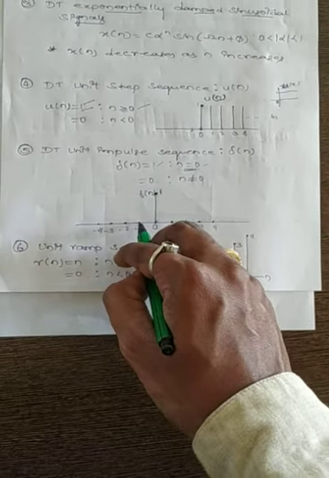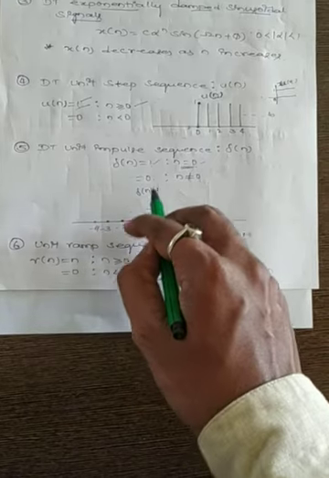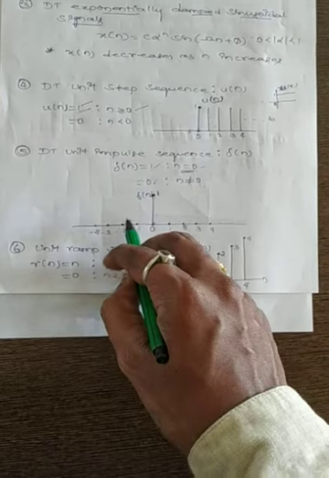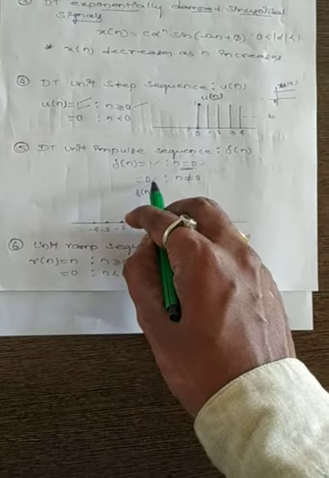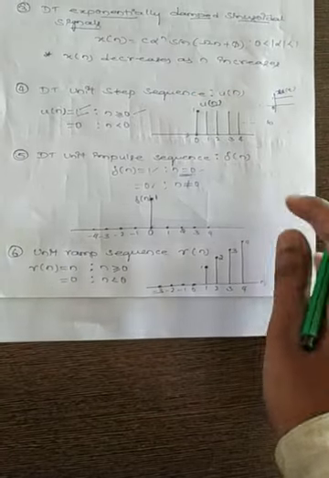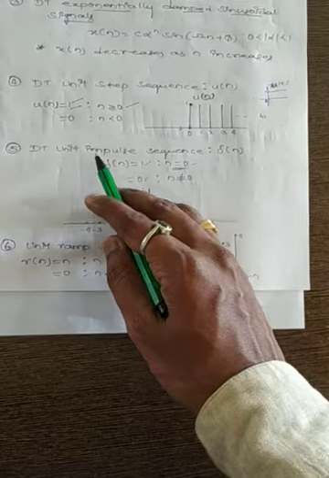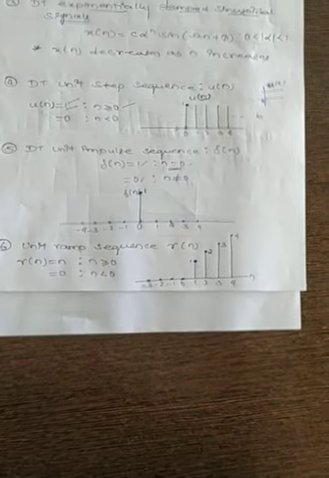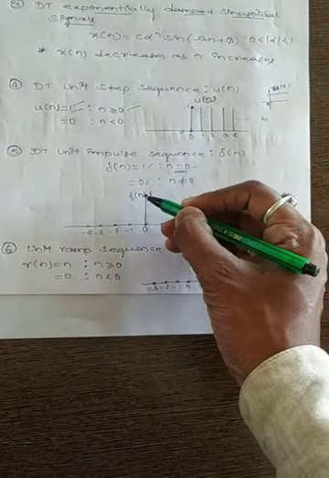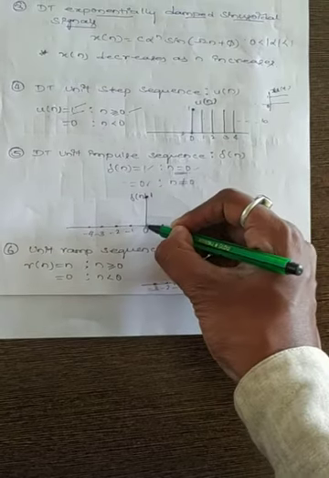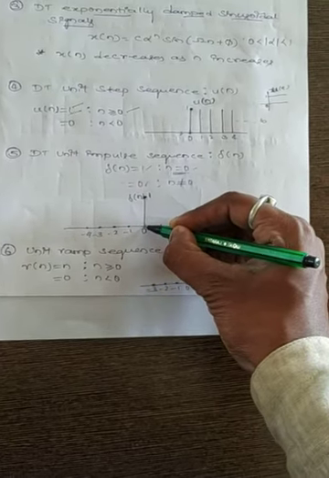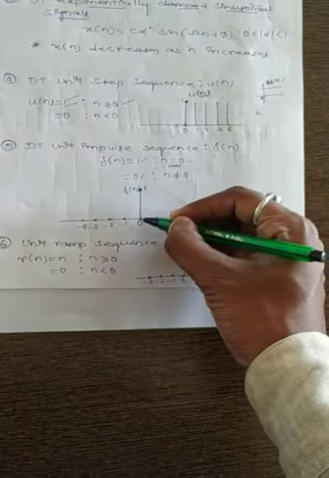Whether it is on the left or the right side, the unit impulse sequence will be 0. If you want to get the value for the impulse sequence, then it has to be present at 0.